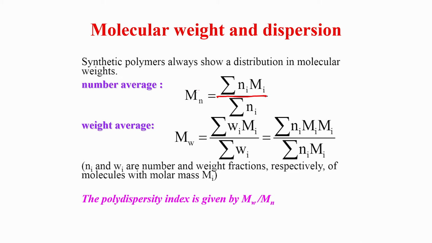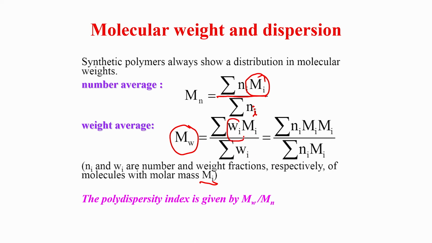These are the formal definitions, or mathematical expressions, to define what is Mn and what is Mw. What you see, Mn is nothing but the summation of Ni Mi divided by the summation of Ni, where Ni is the number fraction of the molecules of mass Mi. What is the weight average molecular weight? Weight average molecular weight is essentially the summation of Wi Mi divided by the summation of Wi.